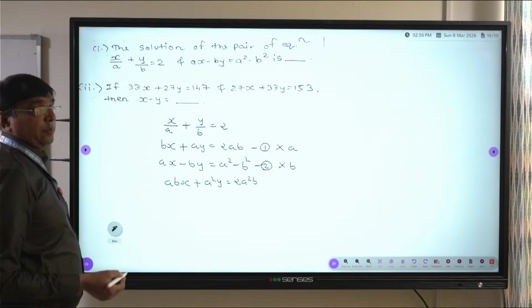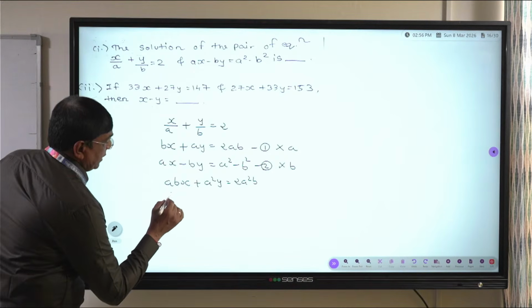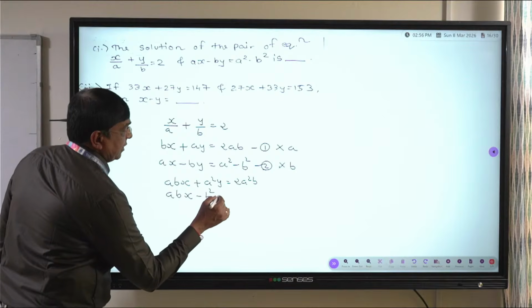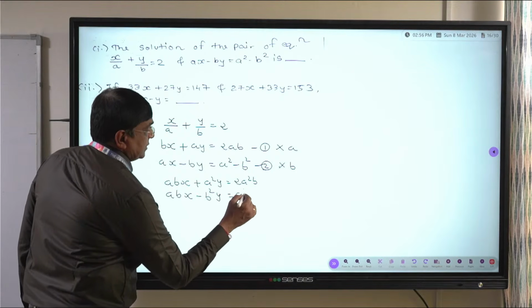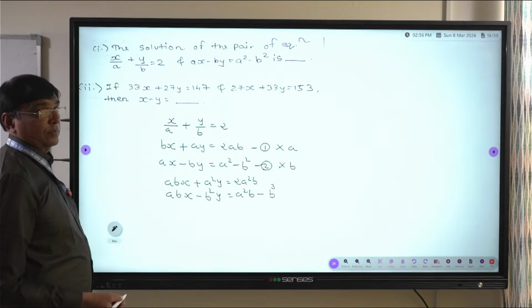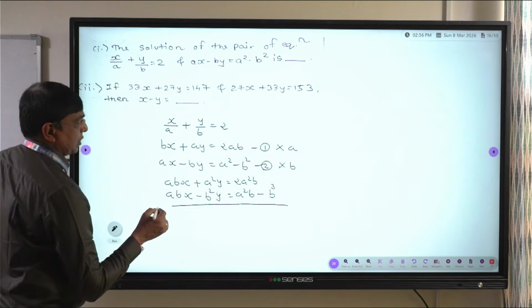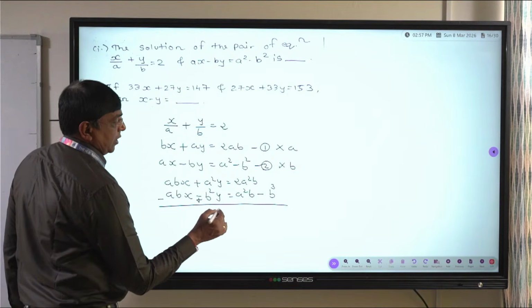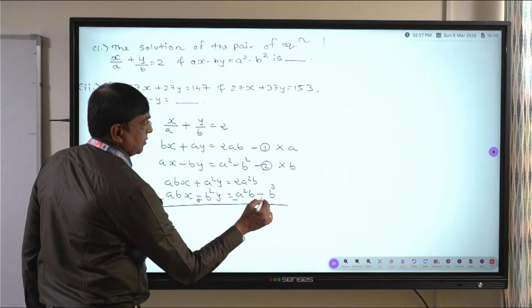Second equation, multiply with b. So we get abx minus b square y equals a square b minus b cube. For elimination, change the sign: minus, plus, minus, plus.